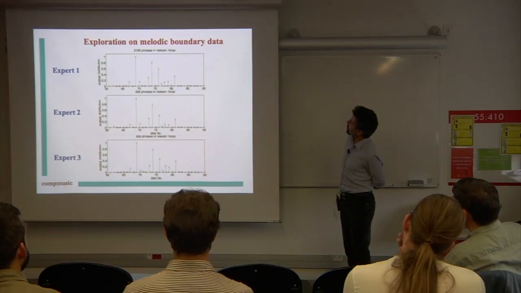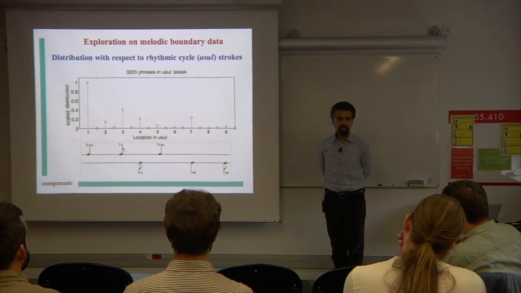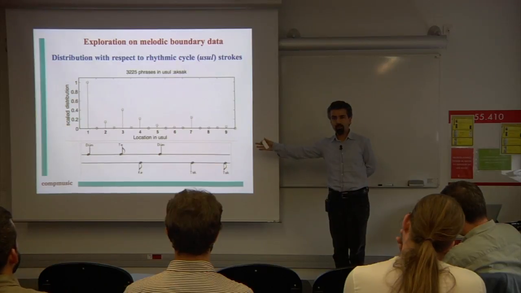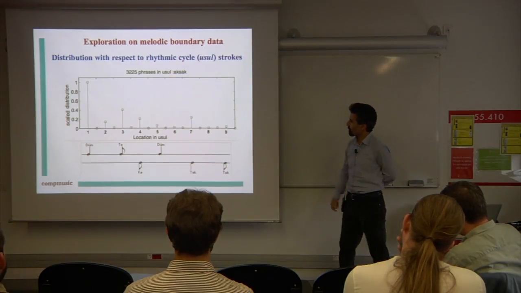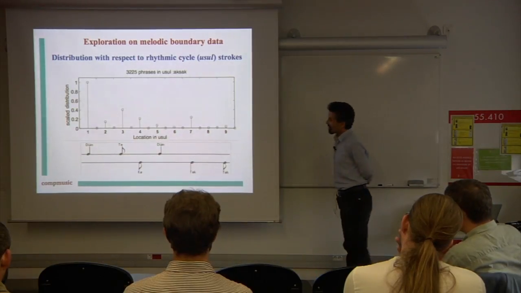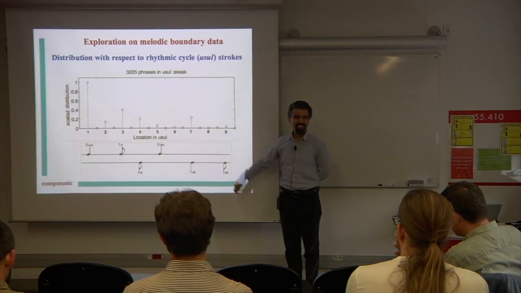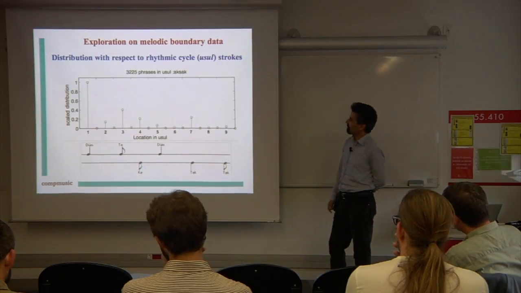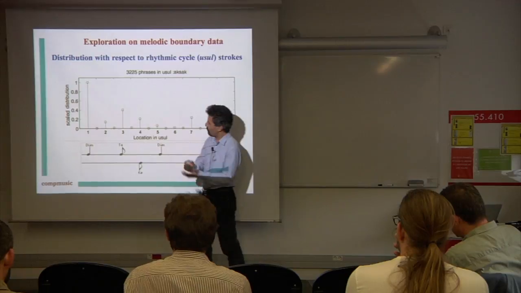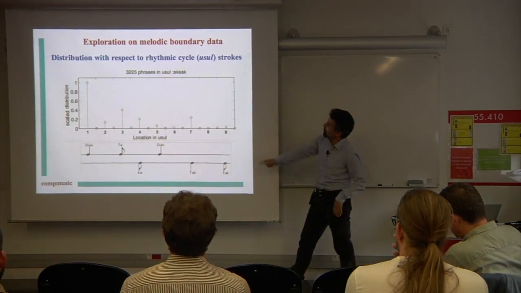Now I also wanted to look at how the boundaries fall with respect to the usul strokes, the rhythmic strokes. Andre played this aksak rhythm. I don't need to replay it, but this is a 9/8 rhythm, with the dum, take, dum, take.